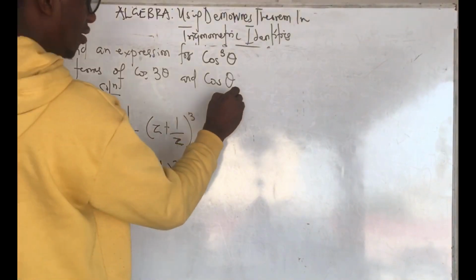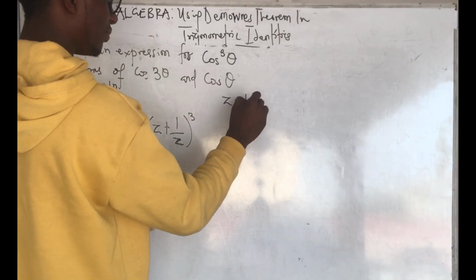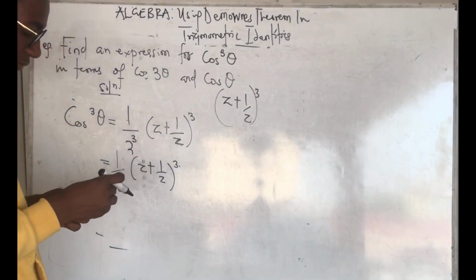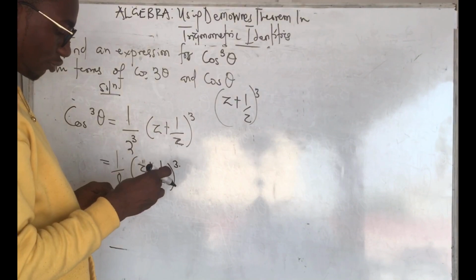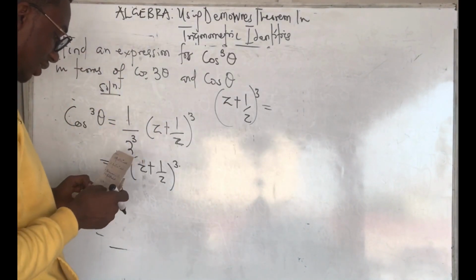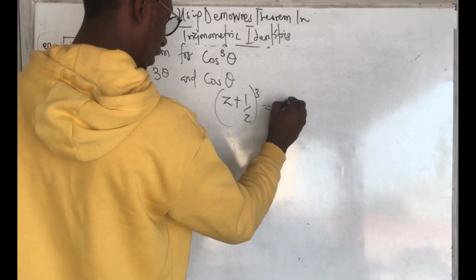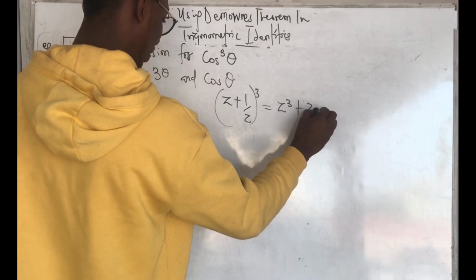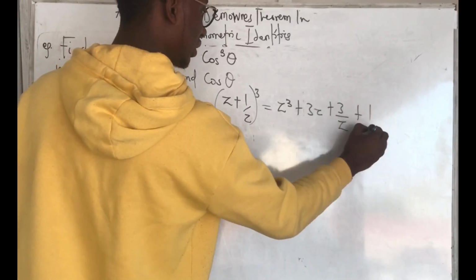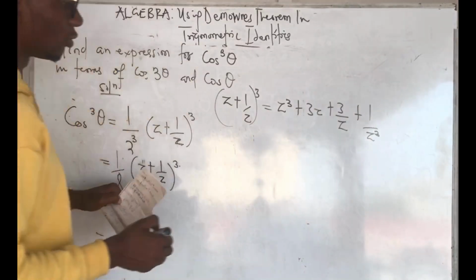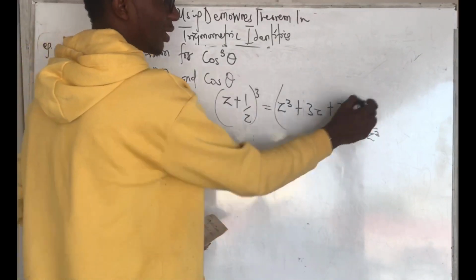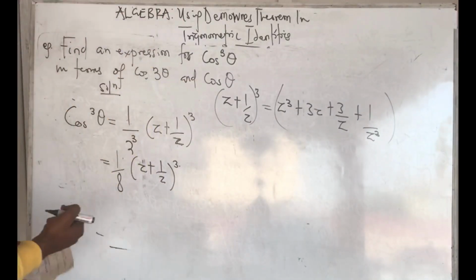When we expand z plus 1 over z cube, we get z cube plus 3z plus 3 over z plus 1 over z cube. You can try this. This is simple mathematics.